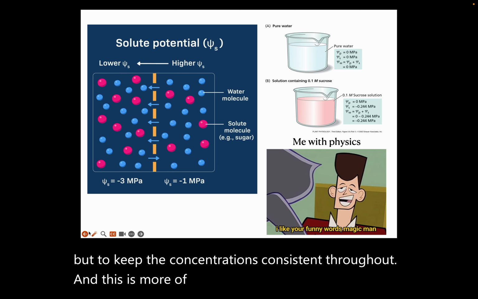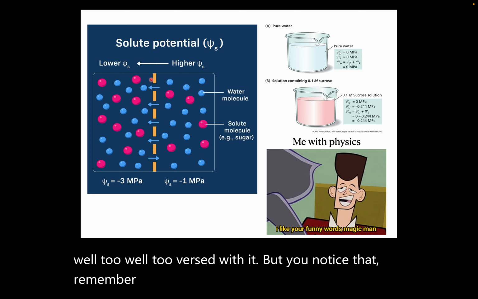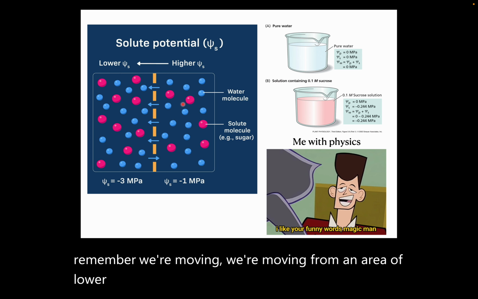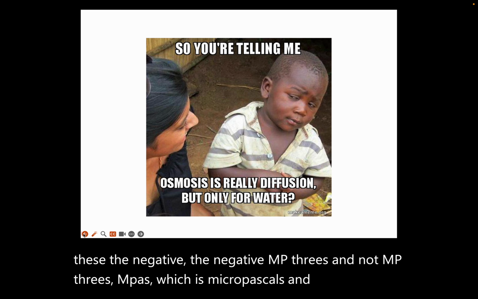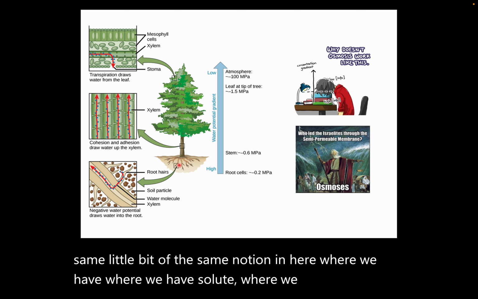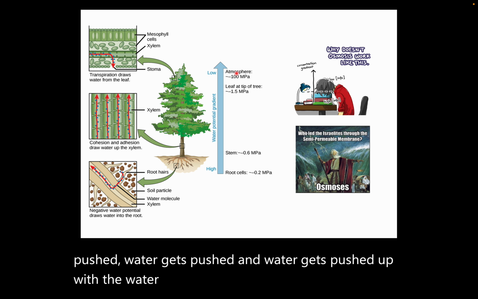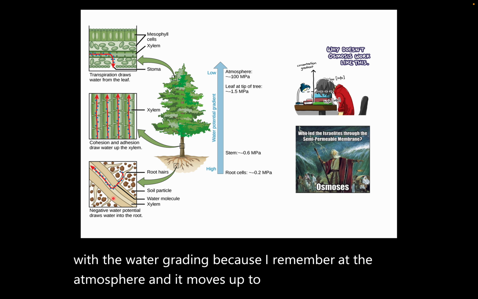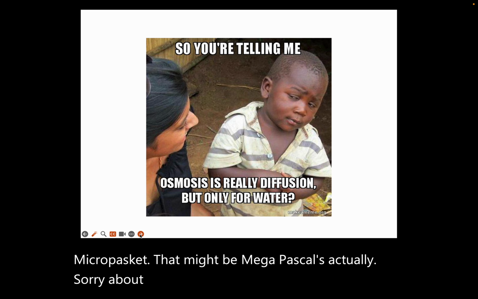And this is more of a physics thing, so I'm not too well versed with it. But remember, we're moving from an area of higher potential to lower potential, and notice the negative MPa, which is megapascals, and we have a little bit of the same notion in here, where we have solute concentration, and water gets pushed up with the water gradient, because at the atmosphere it has negative 100 megapascals.